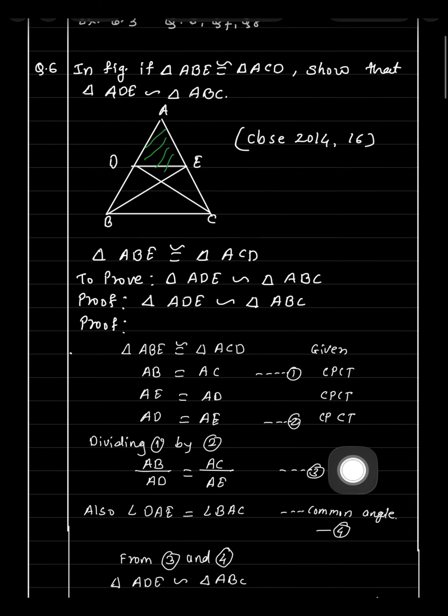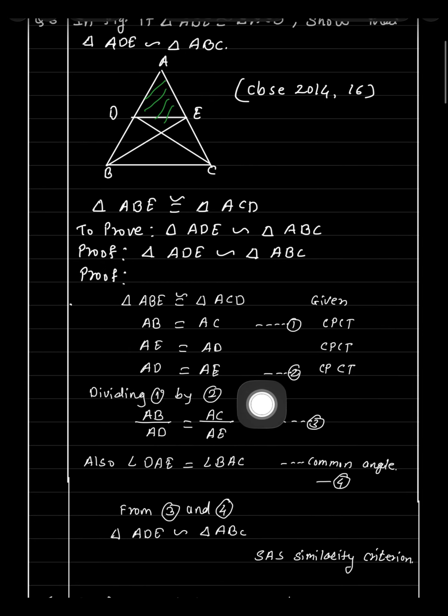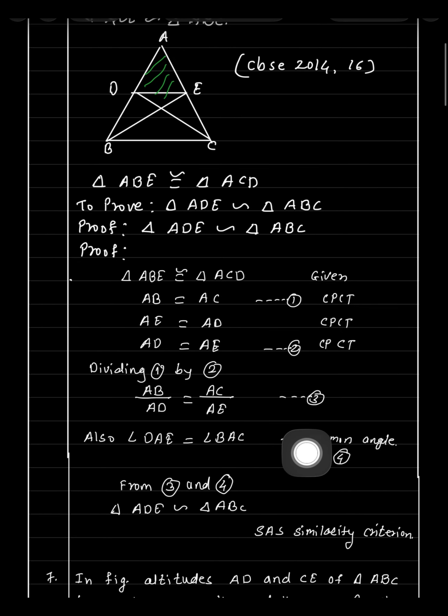So dividing equation 1 by 2, what is the equation? AB equal to AC, upon dividing, means AD upon AE. Okay.